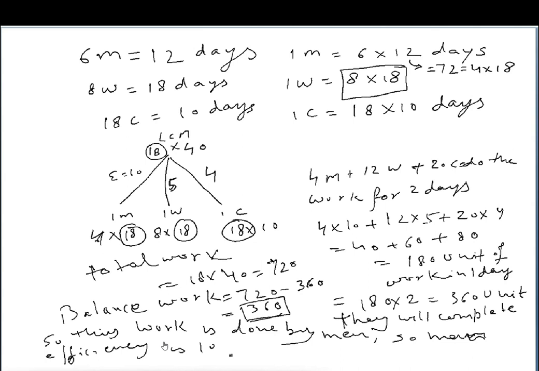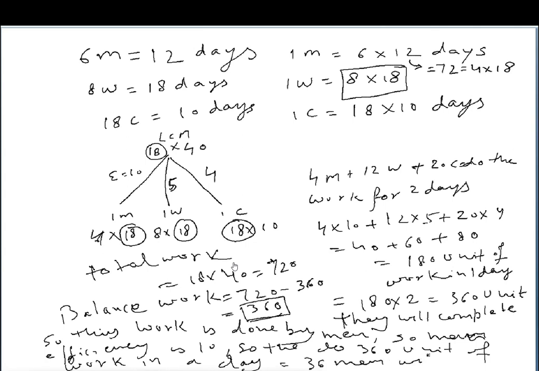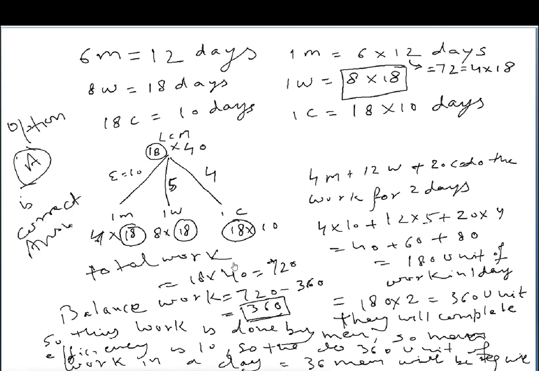So to reach the level of 360, 36 men should be employed to complete this work. So in this question, 36 men will complete the remaining units within one day if 36 men are employed. So option A is the correct option.